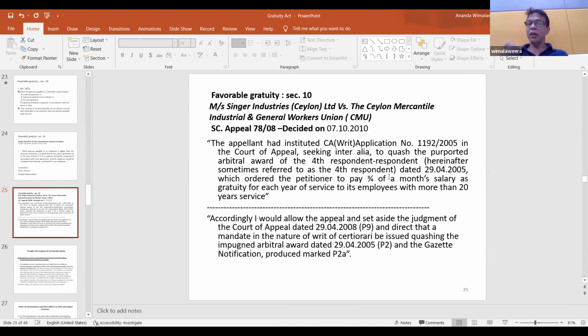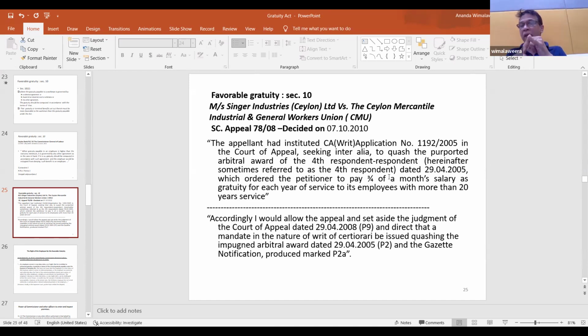Why? The company made a proposal. In order to have an agreement, there should be an offer and acceptance. The offer was there, but no acceptance from the trade union. They neither accepted nor rejected. So they were arguing.